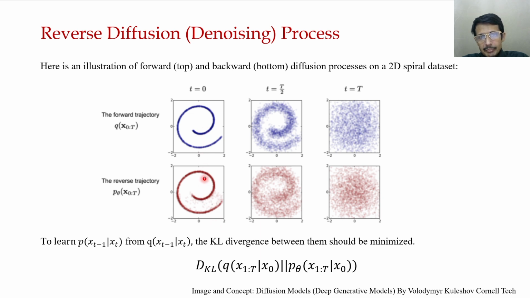If we minimize the distance between these distributions, then we can somehow estimate this particular p theta distribution, because what exactly we want to do is learn this, and we know this, so the KL divergence between them should be minimized. So we have to minimize this divergence between q of x 1 to T given x0 and p theta of x 1 to T.